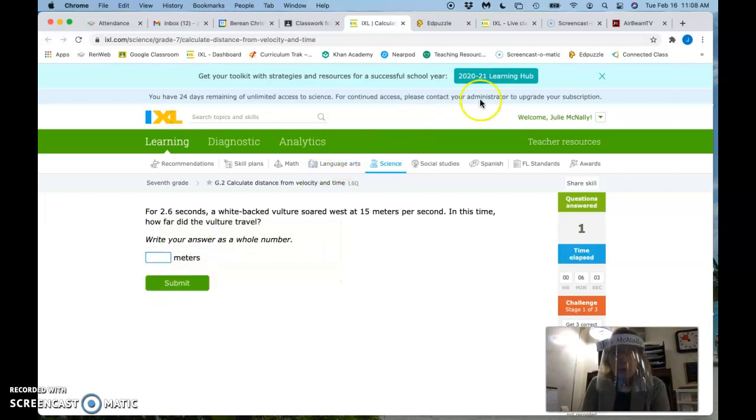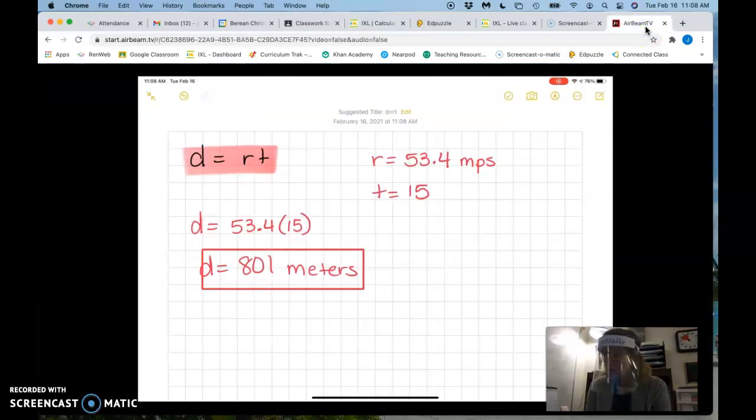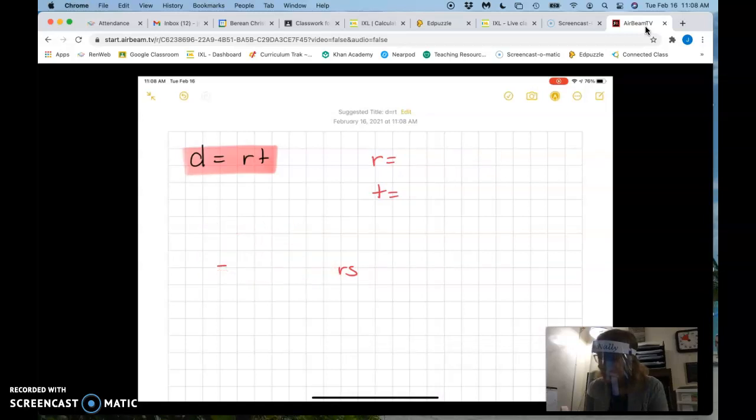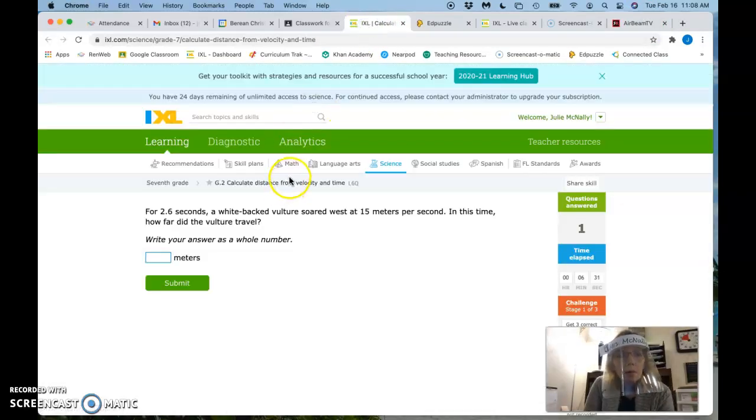Okay, good. So let's do the next one. So for 2.6 seconds, that's my time. So I'm going to plug that into time. 2.6 seconds. And a vulture soared west at 15 meters per second.